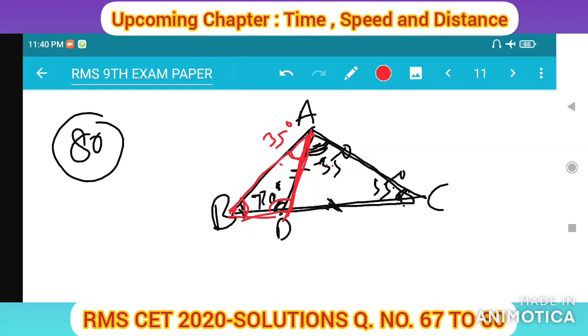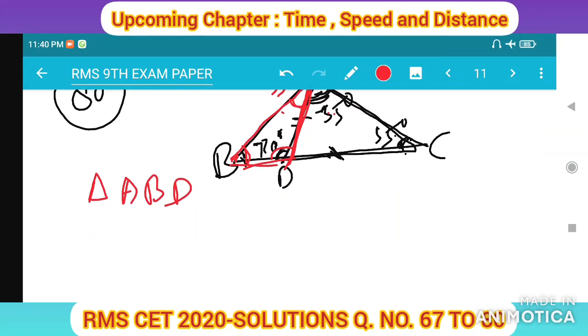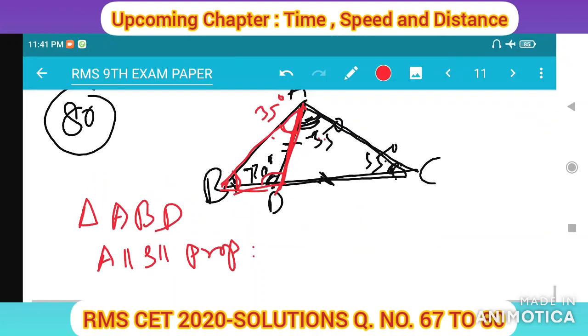Now from triangle ABD, use the angle sum property. 35 plus 70 plus this angle, suppose B, angle B is equal to 180 degrees.